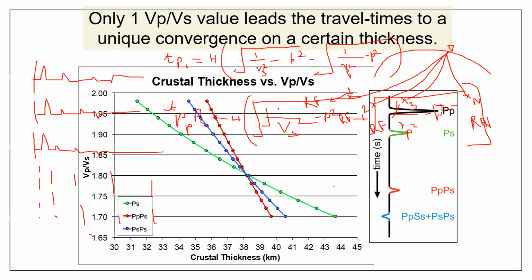Okay. Likewise, you have third formula for T_PSPS, yes, T_PPSS. So that is like 2H in bracket under root 1 by Vs square minus P square.